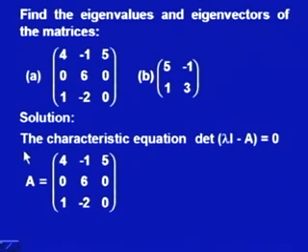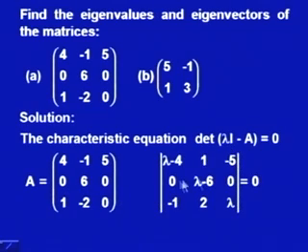According to the method which I have illustrated, I have to first obtain the solution of the characteristic equation. The characteristic equation is determinant of lambda I minus A equal to 0. So I substitute this value of A in this equation. The characteristic equation becomes lambda minus 4, because it is I, only diagonal terms will be affected.